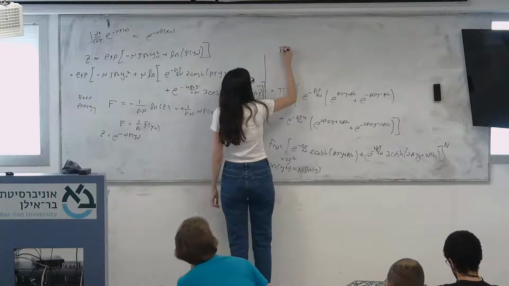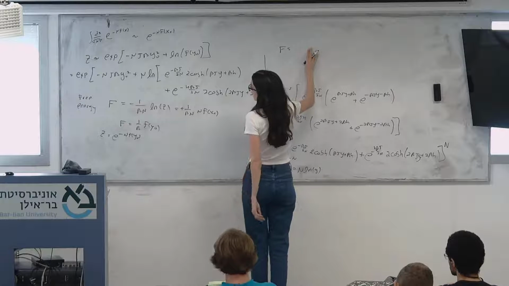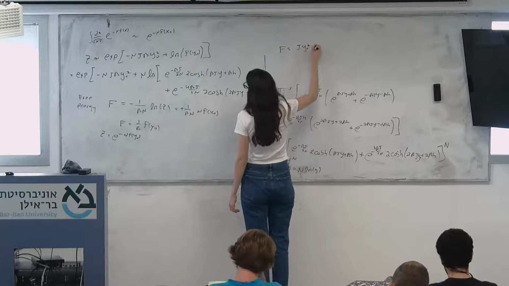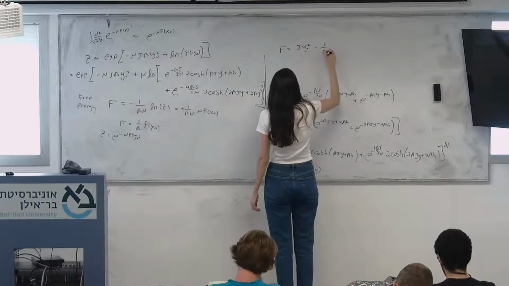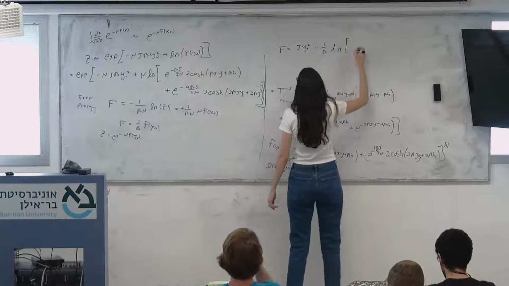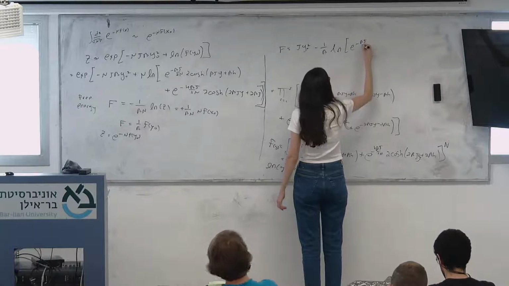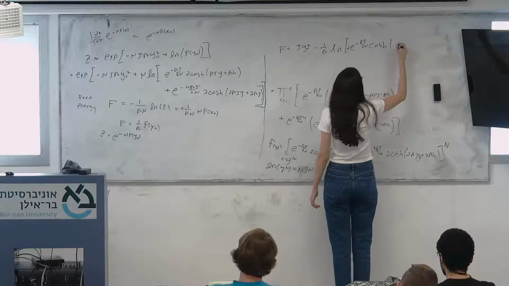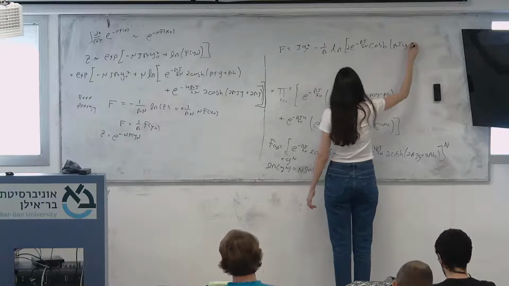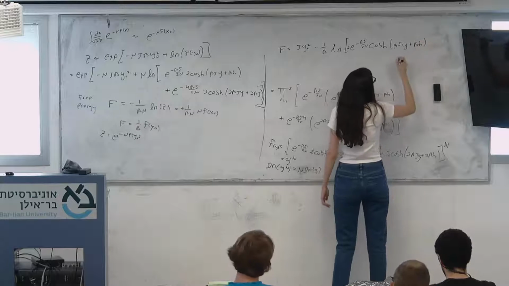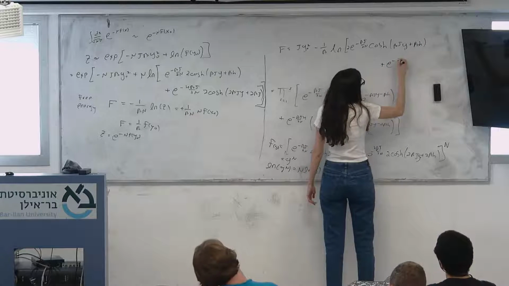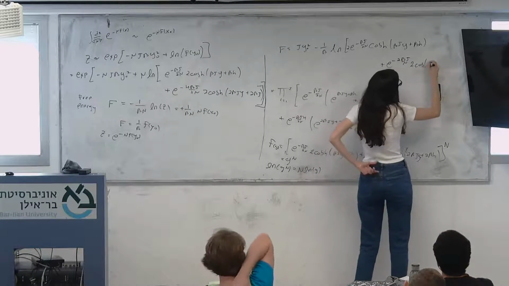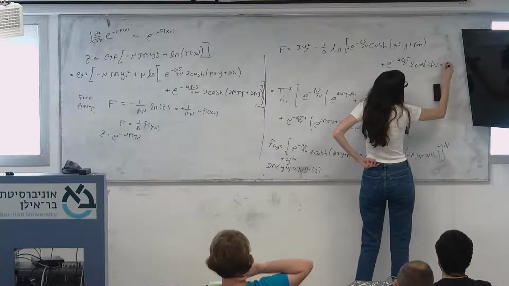I just write the free energy overall is equal to j y0 squared minus 1 over beta ln of e to the minus beta j y, beta h plus cosh.